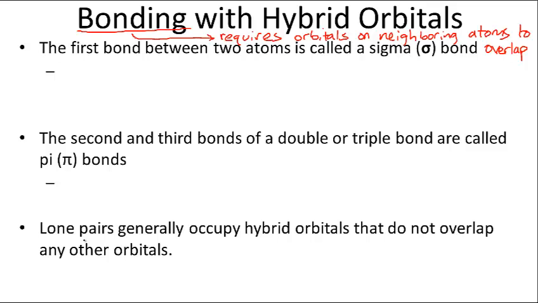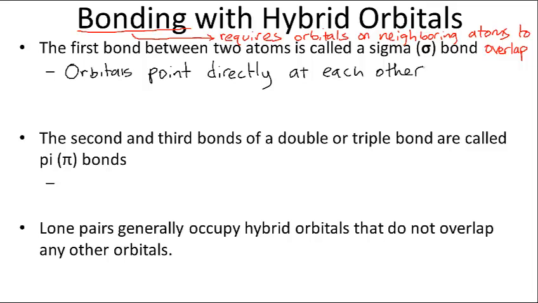In a sigma bond, the orbitals on neighboring atoms essentially point directly at each other and overlap right in between the two atoms.